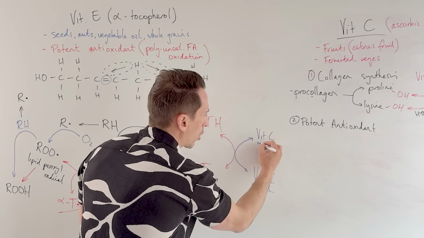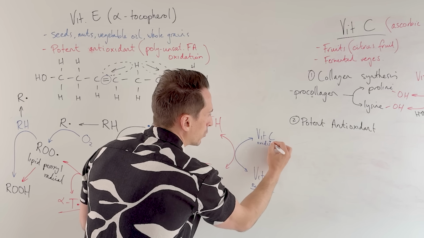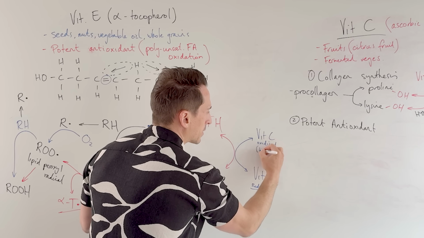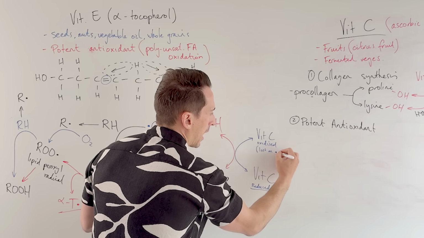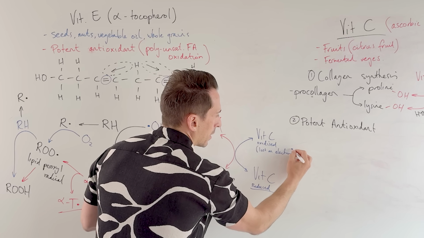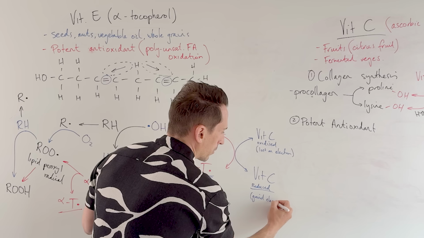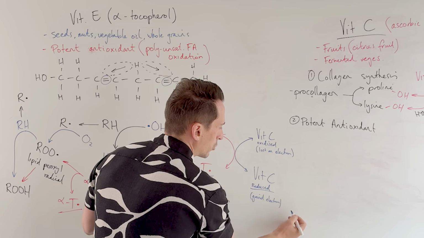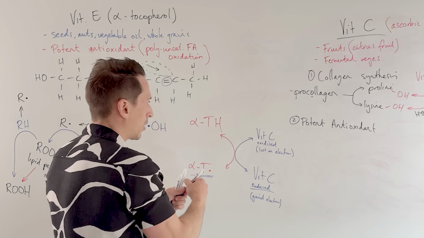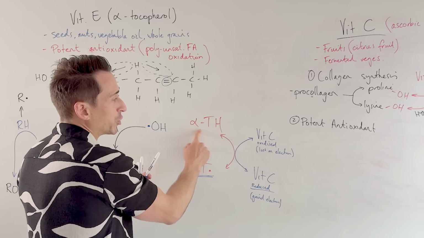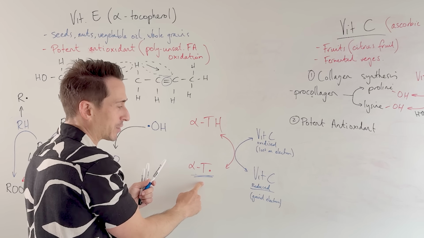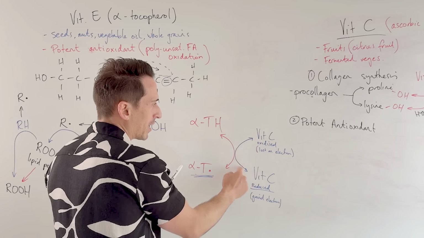So I said you've got oxidized and reduced. Oxidized means it's lost an electron. This one has gained an electron. And often we can do this with hydrogens. So that's what it did there. So that's the reduced form, that's the oxidized form. Here's the reduced form, that's the oxidized.